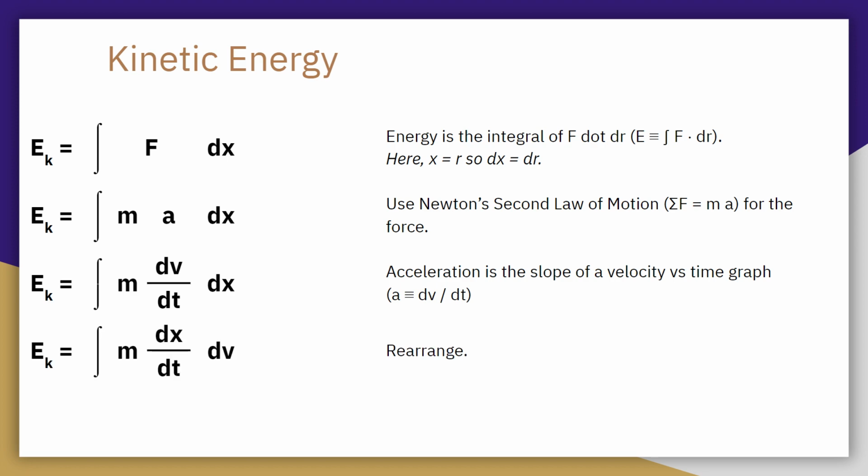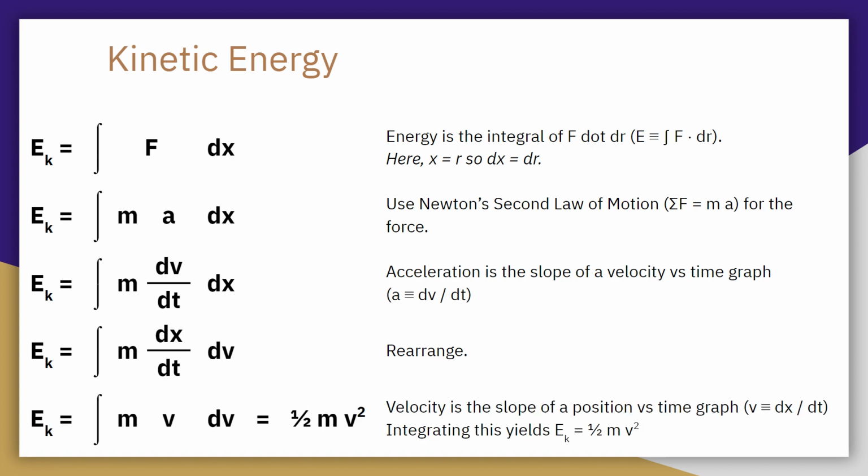We can rearrange that, so that instead of dv over dt times dx, our kinetic energy is equal to the integral of the mass times dx over dt times dv, just rearranging this using the commutative properties of multiplication. Well, dx over dt, that's our definition of velocity. Velocity is the slope of a position time graph. So our integral is now the integral of mv dv, which if we solve that out, it's 1/2 mv squared. So our kinetic energy of our system is equal to 1/2 times the mass times the velocity squared.